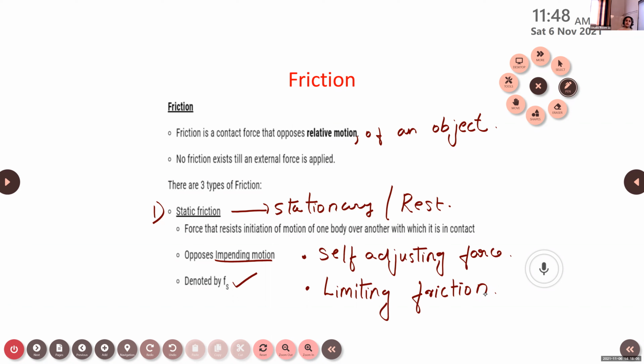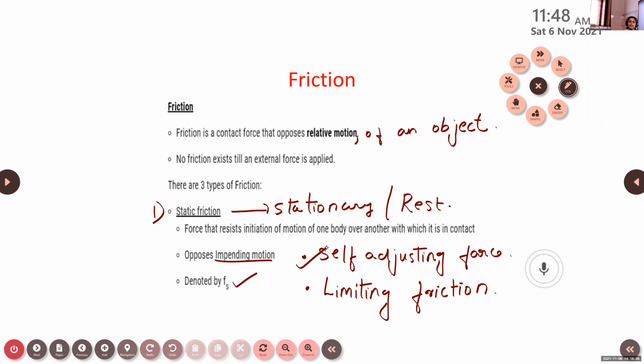Self-adjusting force means the force exerted by static friction in order to keep the object in a state of rest. Whatever the applied force may be, the same magnitude of force is exerted by the static friction from the opposite side to keep the object at rest. That's why static friction is also known as a self-adjusting force.